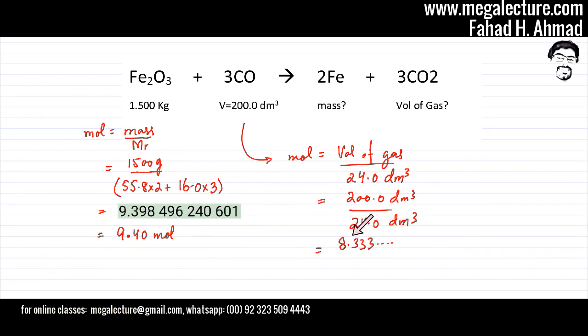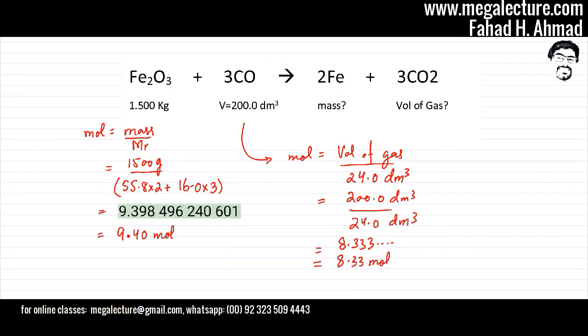My calculator shows 8.33, recurring 3. One value is accurate up to 3 significant figures and the other up to 4, so the answer follows the least significant figures and is rounded to 8.33 moles.